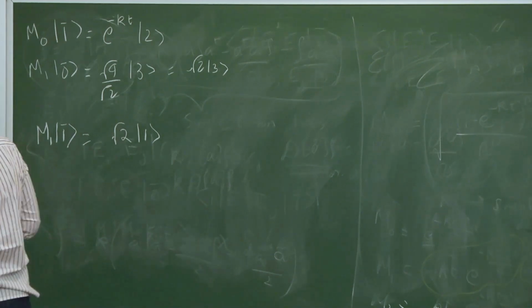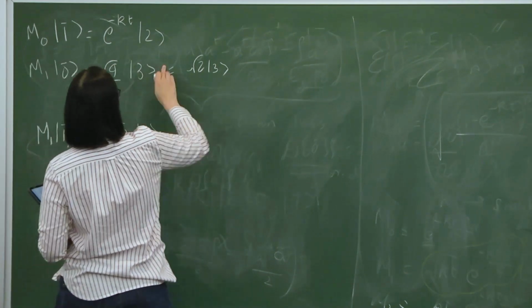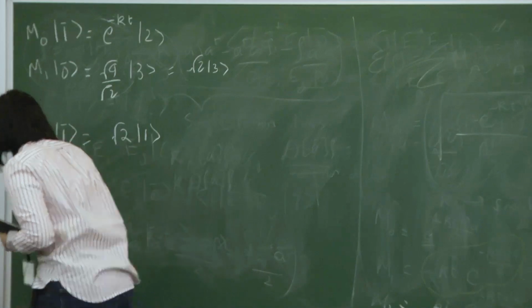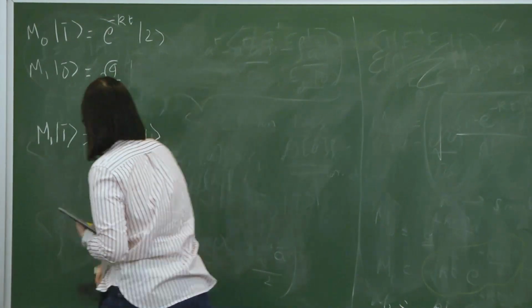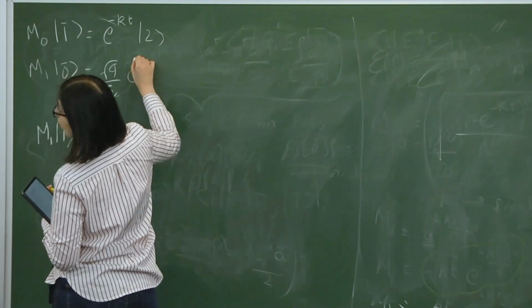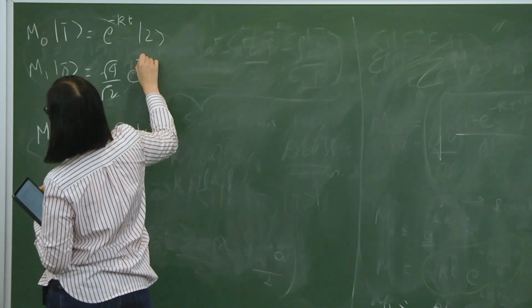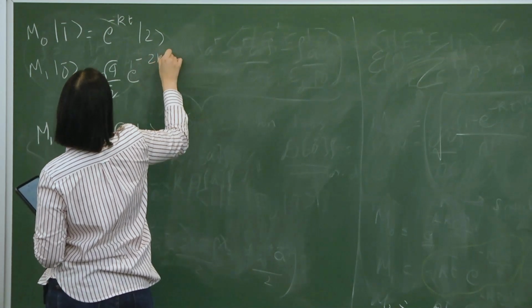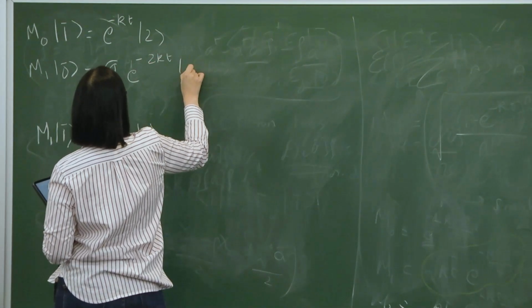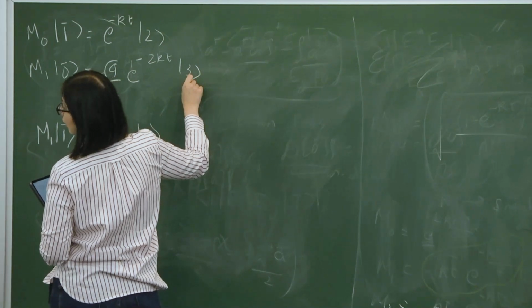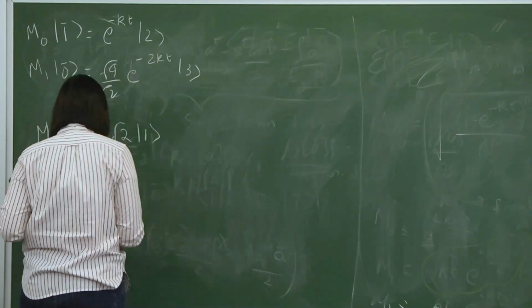Oh, did I miss it? There you go, thank you. This is e to the minus again 2 kappa t. You're right, thank you.